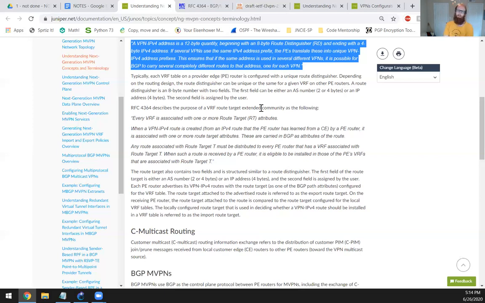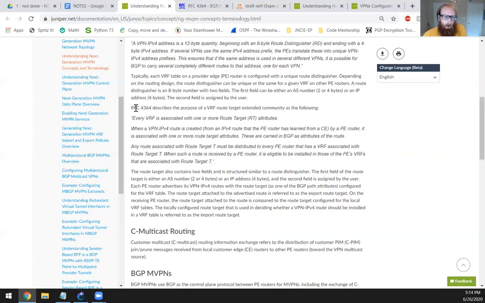These are carried in BGP as attributes of the route. Any route associated with route target T must be distributed to every PE router that has a VRF associated with route target T. When such a route is received by a PE router, it is eligible to be installed in those of the PE's VRFs that are associated with route target T.